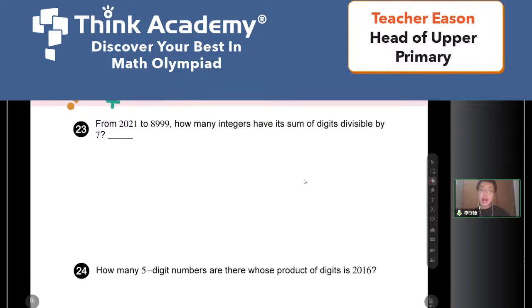How many integers have a sum of digits divisible by 7? It's about the sum of digits being divisible, not the sum of digits equal to one certain number.